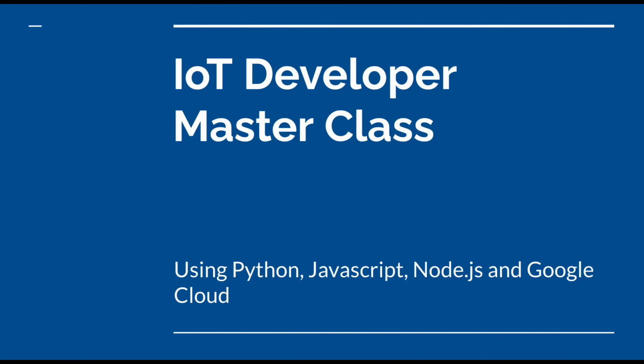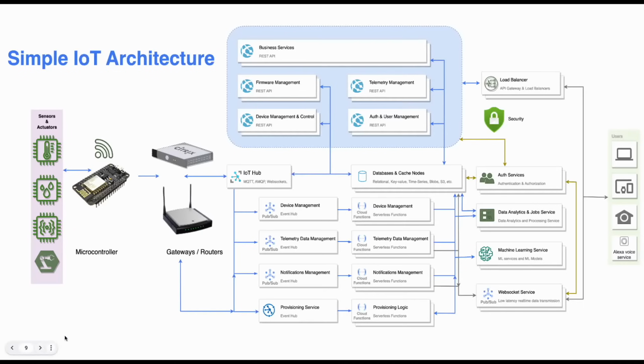So in the second video in this series, which was the simple IoT architecture review, we went through a simple IoT architecture. That was the system where we had our microcontroller, an IoT hub that could probably send data through a gateway to the microcontroller, right, or router, right?